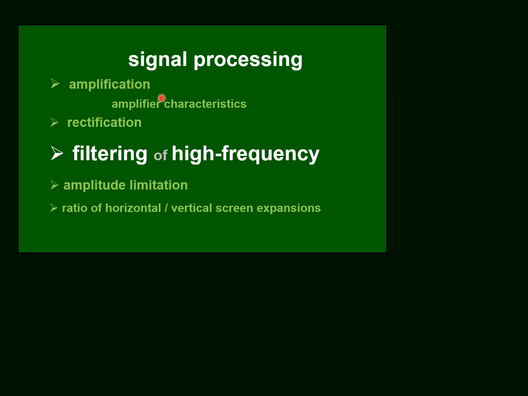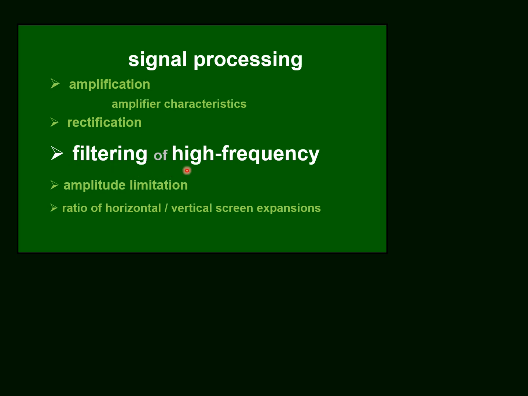Besides the amplification, according to the amplifier characteristics, the S-shaped curve, the signals are rectified. That means only the positive amplitudes are shown. The height of the amplitudes is limited with the display height, and the ratio of horizontal and vertical screen expansions is determined.